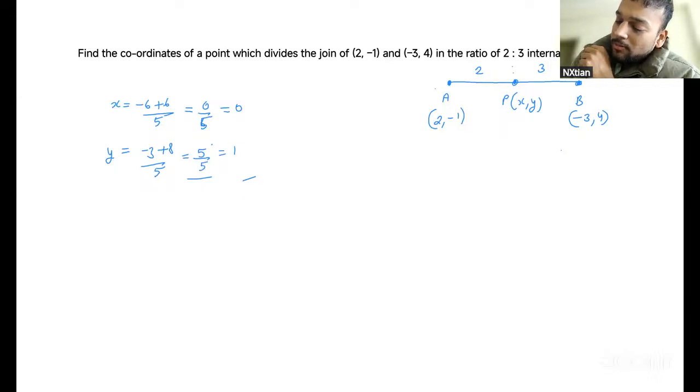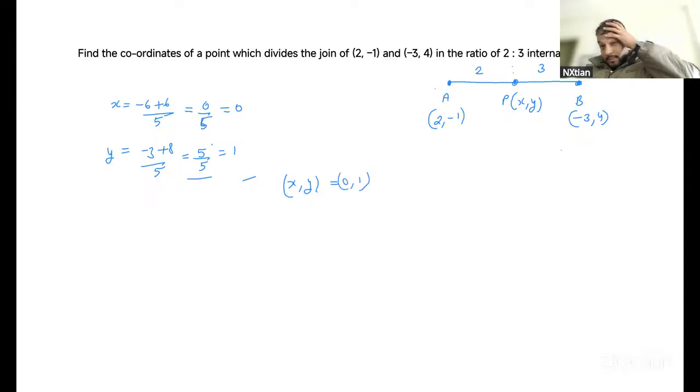Yeah, so x comma y is equal to 0, comma 1. Did you understand, guys?